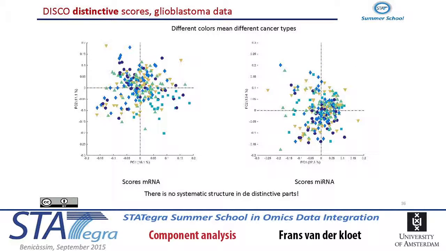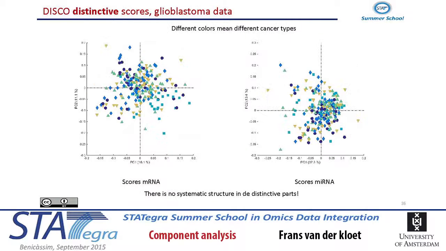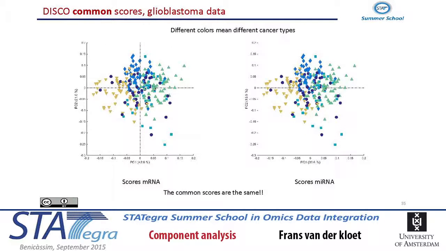And if I look at my distinctive scores, so what is not common, what is different, then I can see, and that's really informative, there's no systematic structure in the distinctive part. There's more obvious clustering in the different cancer types than I had before I started this procedure.